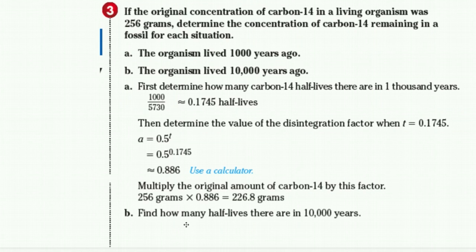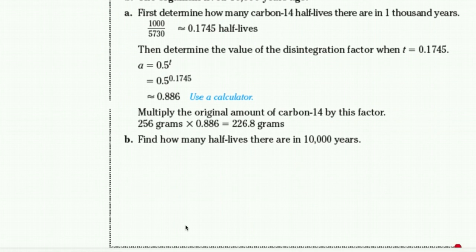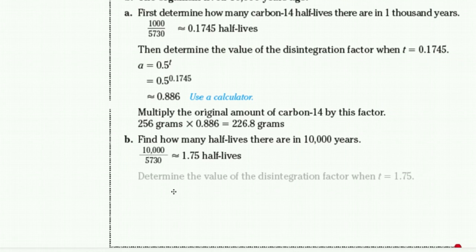First, find how many half-lives there are in 10,000 years, and then we get 10,000 divided by 5,730, approximately 1.75 half-lives, and then determine the value of the disintegration factor when t equals 1.75, and we use our formula again, A equals 0.5 raised to 1.75.